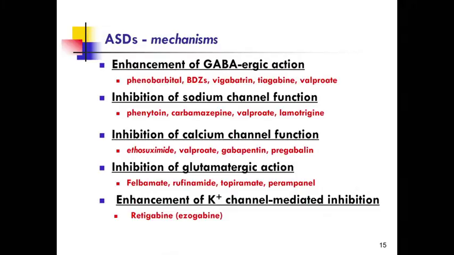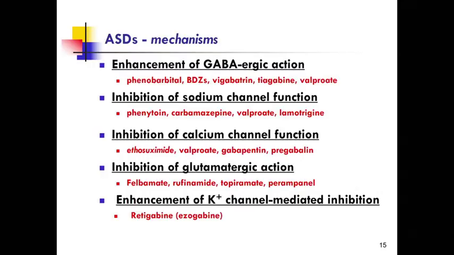Then the next group are drugs that inhibit the actions of glutamate. Glutamate is the main excitatory transmitter. So if we say there is excessive excitation, it means glutamate is abnormally working. So if you suppress its release or the receptors, then you can also reduce it. So felbamate, fycompa, topiramate, perampanel are examples of agents that affect glutamate. Then lastly, there was one agent that enhanced the potassium ion function.